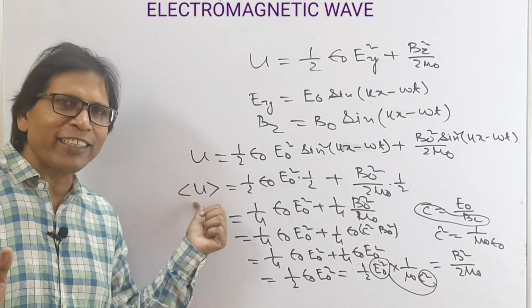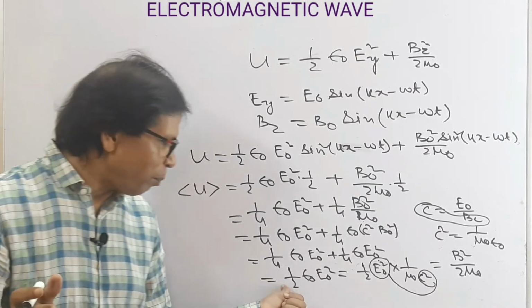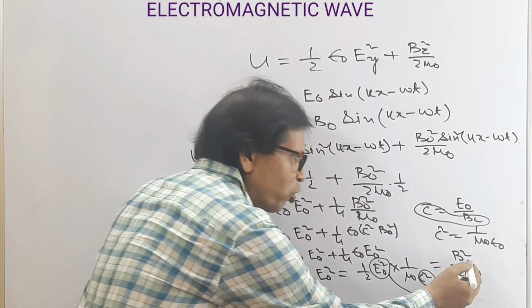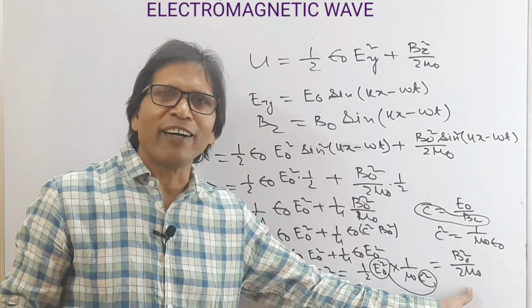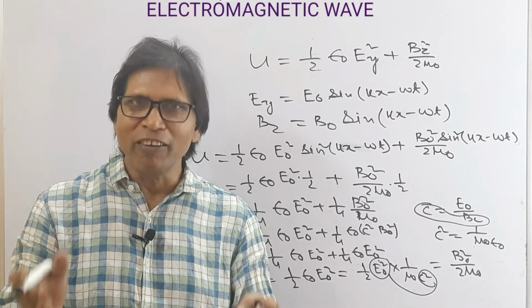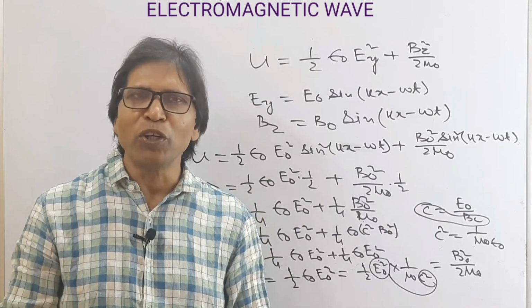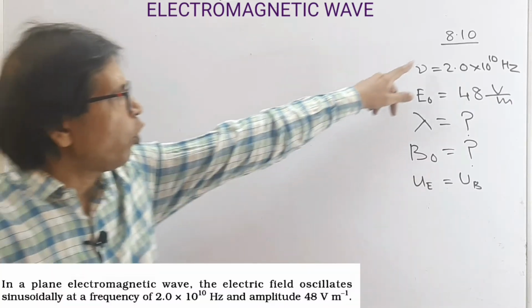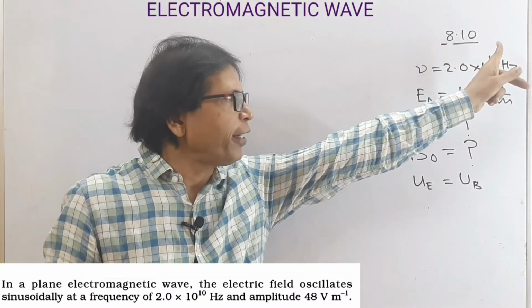Now the energy density of an EM wave is half epsilon naught E naught square, equal to B naught square divided by 2 mu naught. So energy stored in the electric and magnetic fields is equal, each half of the energy stored in the EM wave.